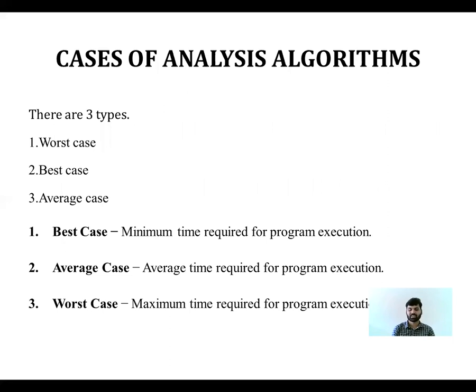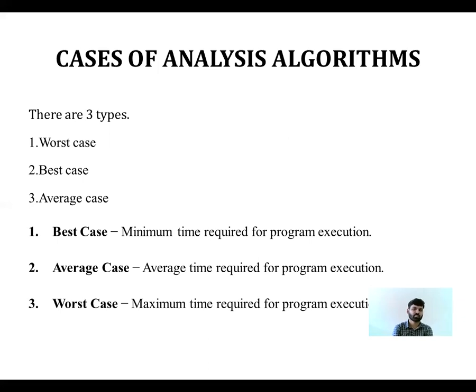Then there are various cases of analysis of an algorithm: worst case, best case, and average case. These are the three cases used in analysis of algorithms. First one is the best case. In the best case, minimum steps are required. If there is a problem and it requires minimum steps, then it is the best case.